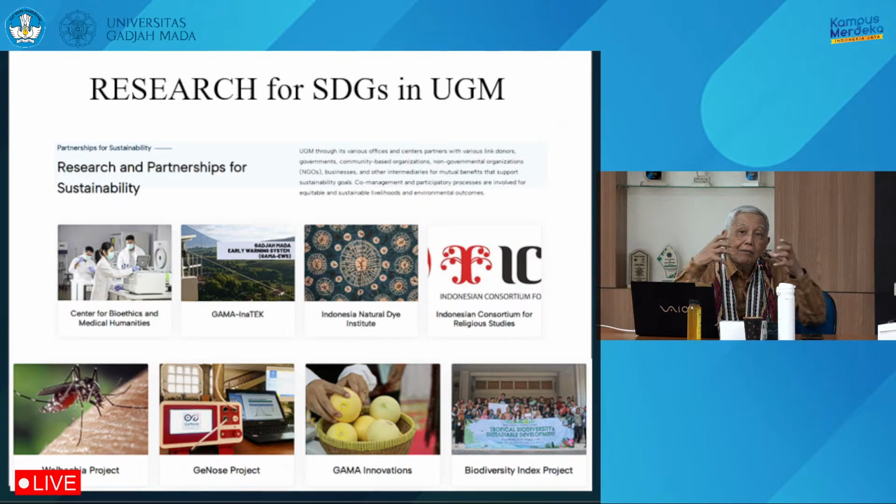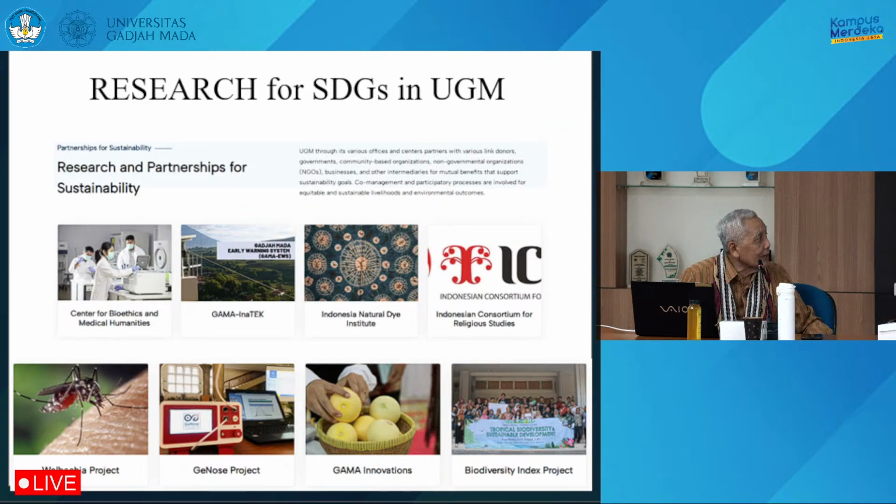That's the mosquito developed by Professor Utari to protect against dengue.